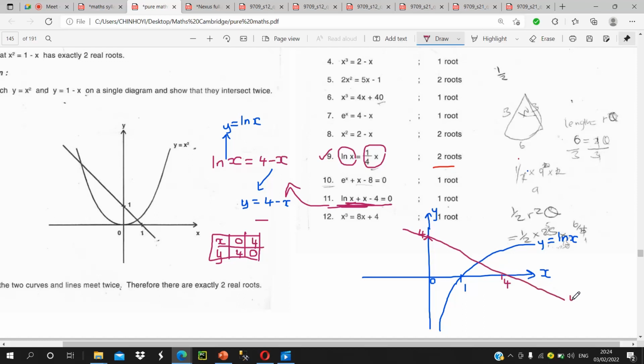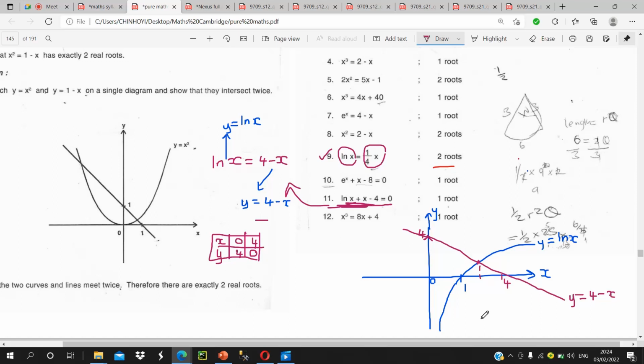So this is the line y equals 4 minus x. As you can see, the two graphs intersect once. Here will be our root, right?